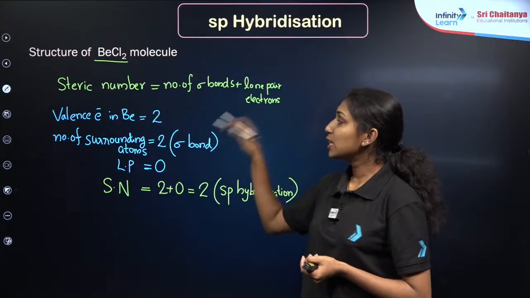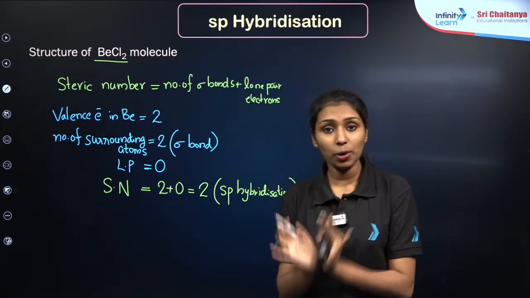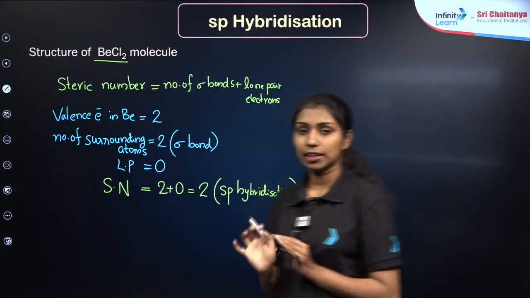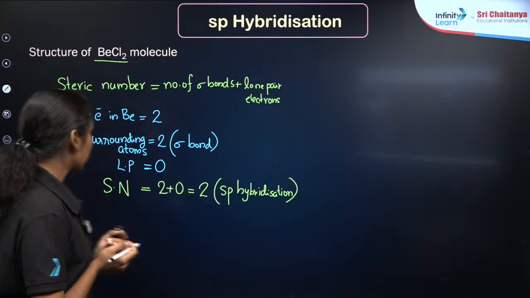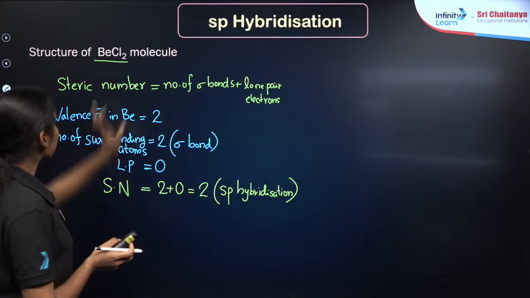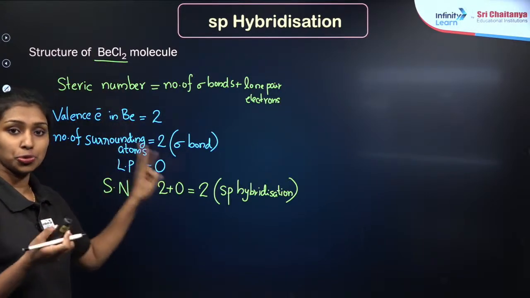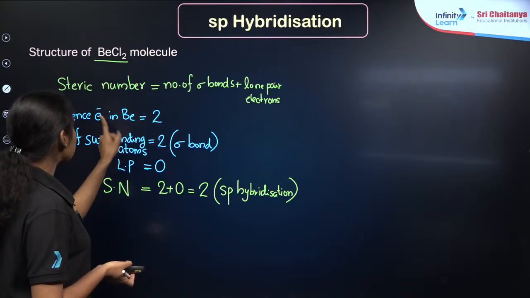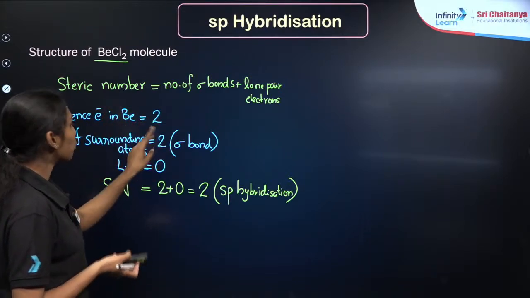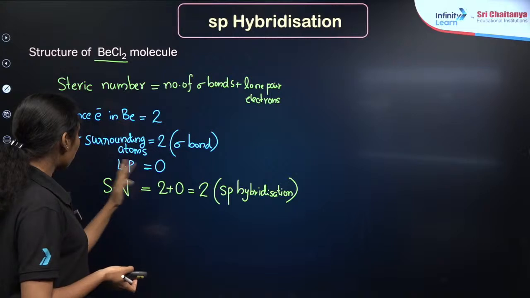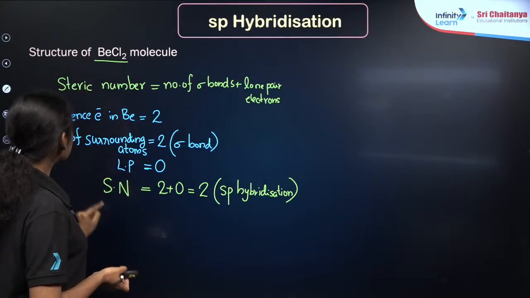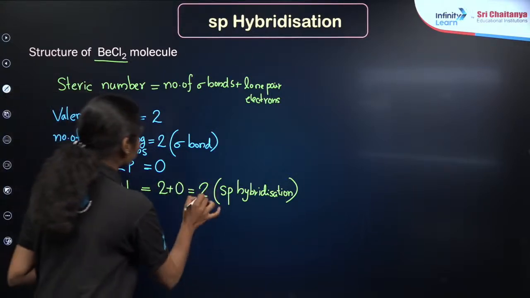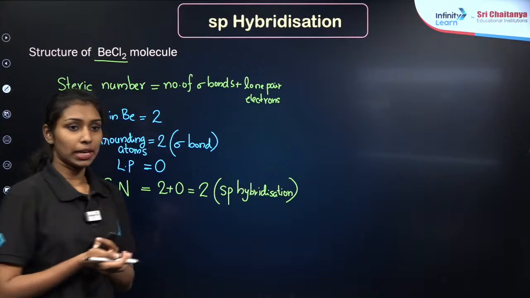Whenever we are calculating the steric number, the number of surrounding atoms should be the number of sigma bonds. That is the little concept. So here it is 2 chlorine atoms, so I can say that 2 sigma bonds are forming here, in which the 2 valence electrons form 2 bonds, which means the lone pair is 0 there. So while calculating the steric number, you will get the number 2. 2 stands for the sp hybridization. Clear?